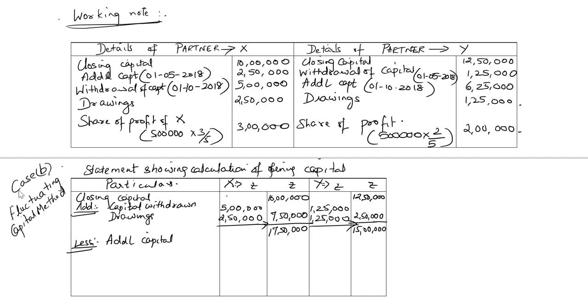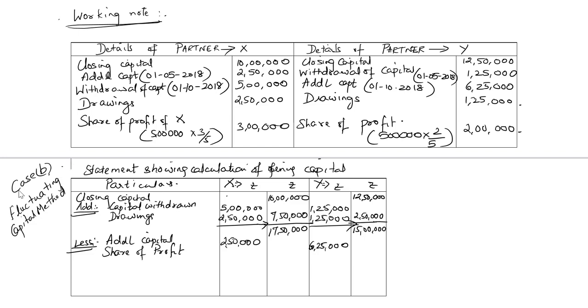The items which we need to deduct, less additional capital. In the case of X, the additional capital is rupees 2 lakh 50,000, whereas for Y, the additional capital is 6 lakh 25,000. We also need to deduct the share of profit.